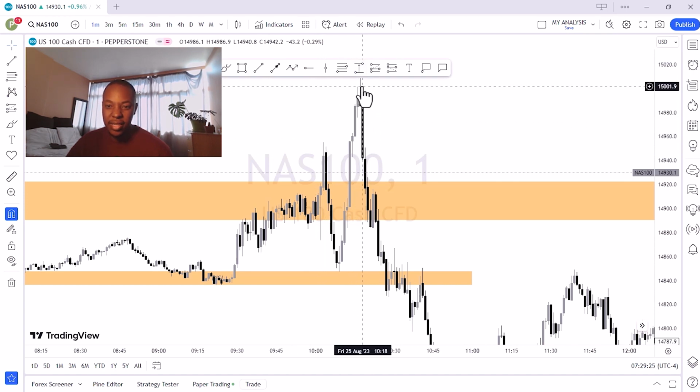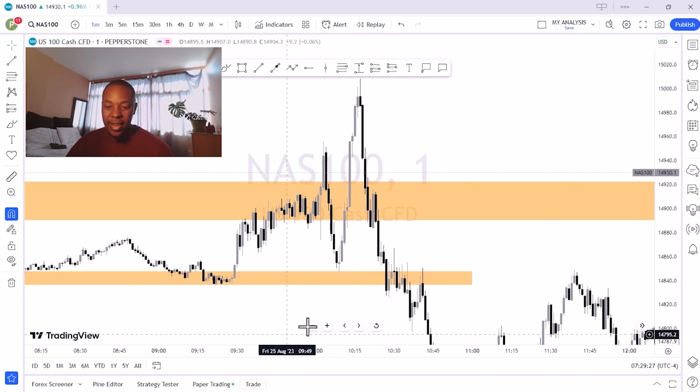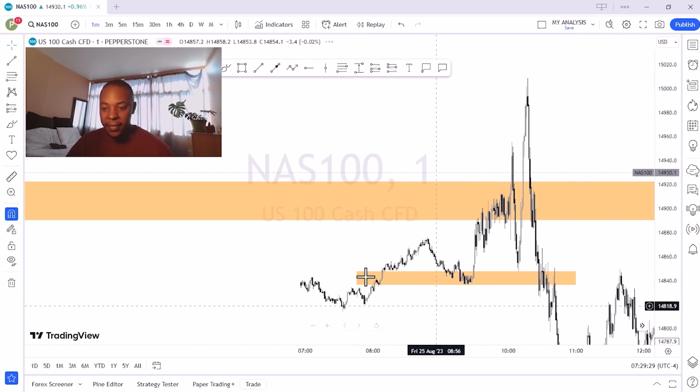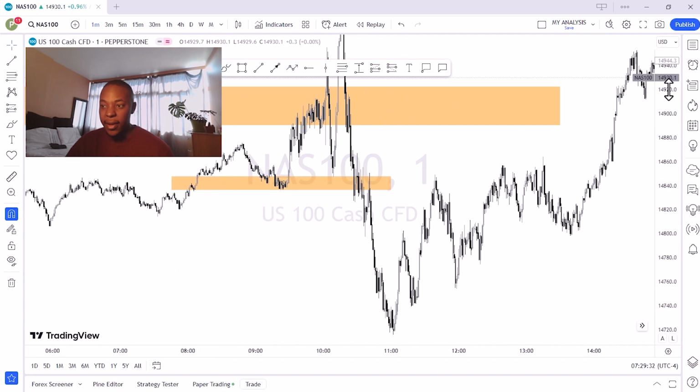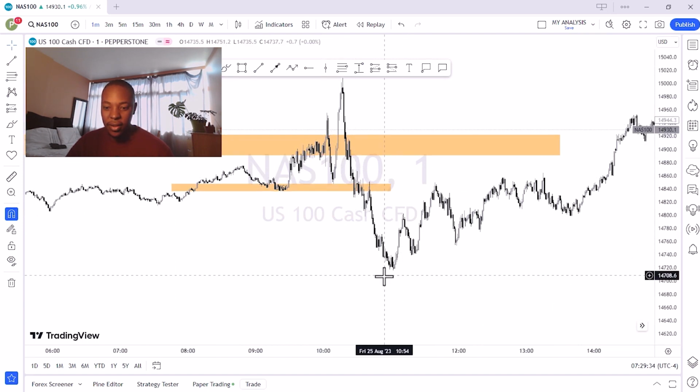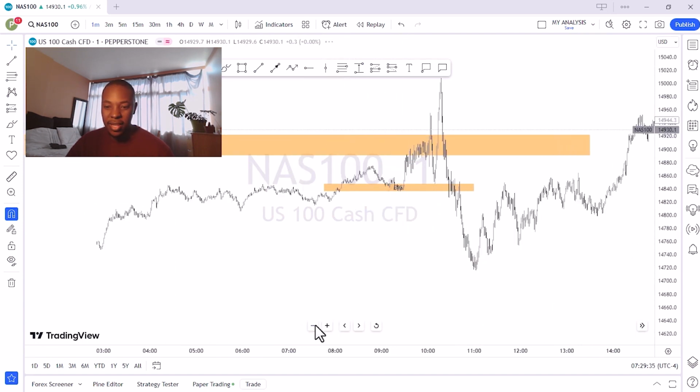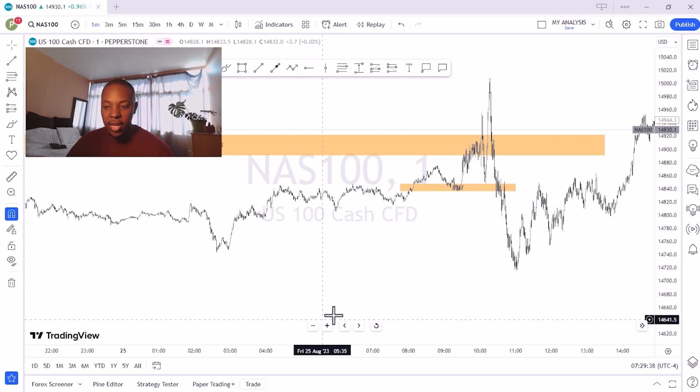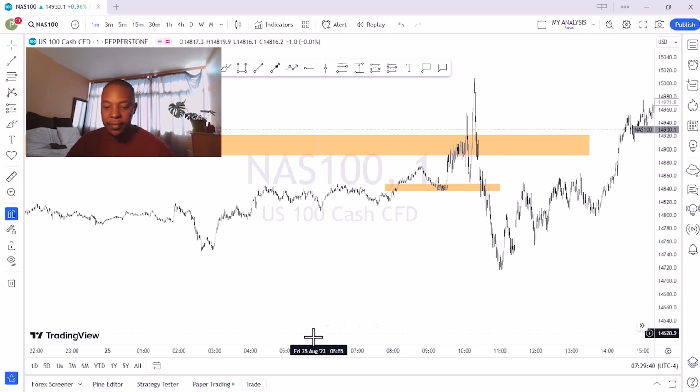Everybody who sold here was taken out, and then after that, it just fell. So yeah, that was the fifth trade of the day, which was break even.